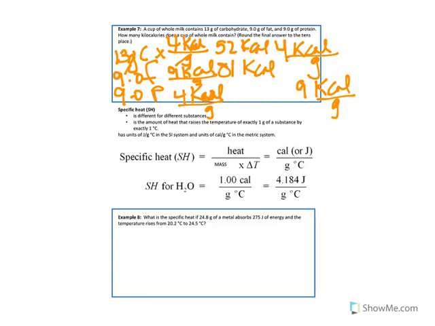And 9 times 4 is 36. Now, if we add all three of these values up, 36 plus 81 plus 52, we get a total of 169 kilocalories.